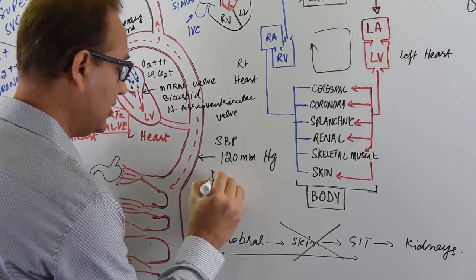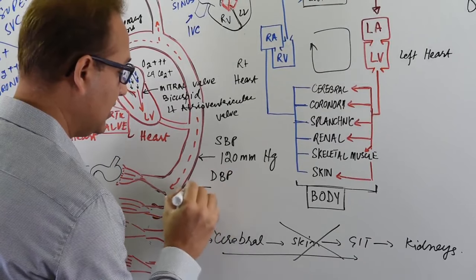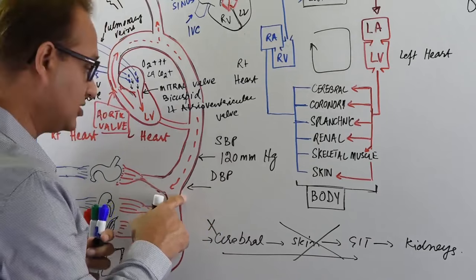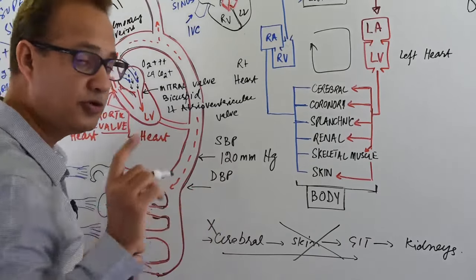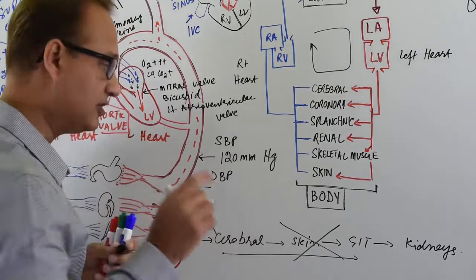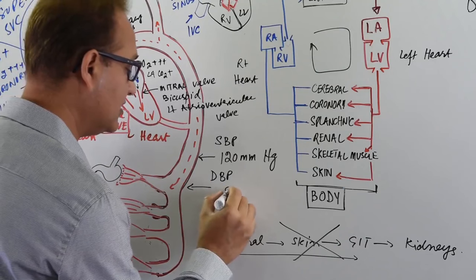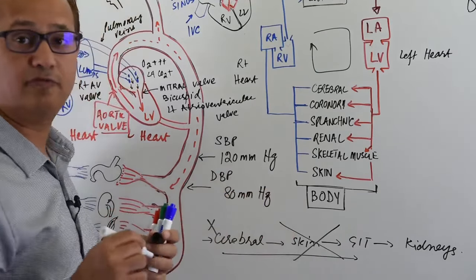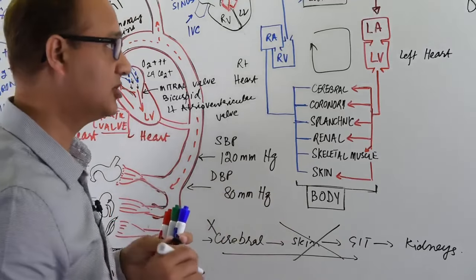So diastolic blood pressure is the blood pressure measured in the systemic arteries during the relaxation of the left ventricle. And normal healthy adult individuals have 80 millimeter of mercury as the diastolic blood pressure.